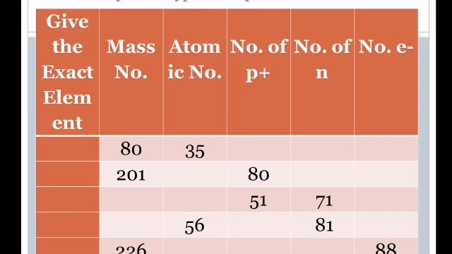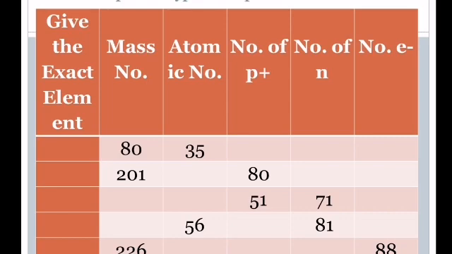In column 3, the atomic number based on the periodic table. In column 4, the number of protons. In column 5, the number of neutrons. And in column 6, the number of electrons.